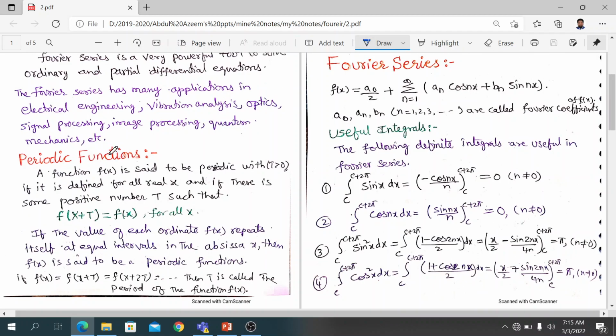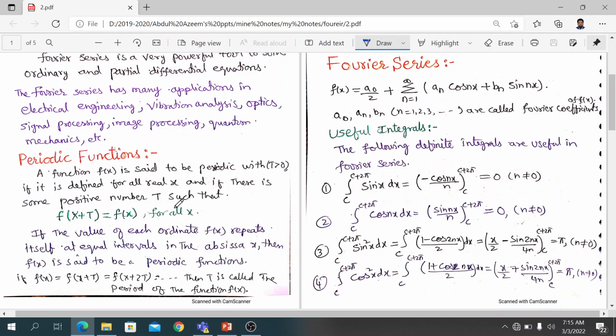Periodic function. A function f of x is said to be periodic with period T greater than 0 if it is defined for all real x and if there is some positive number T such that f of x plus T is equal to f of x for all x.